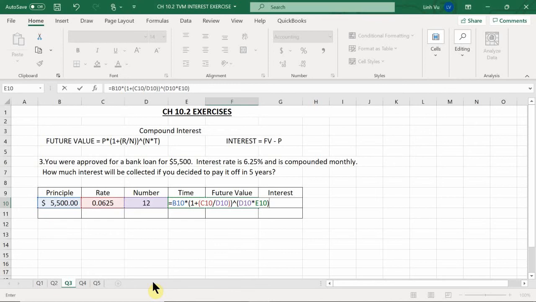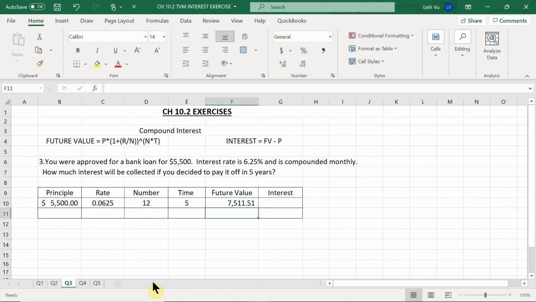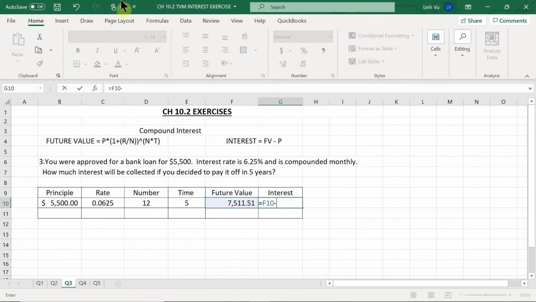So what is my future value? I came up with 7,511.514462. Make sure you round that. Excellent. So therefore, what is going to be my actual interest that I collect?